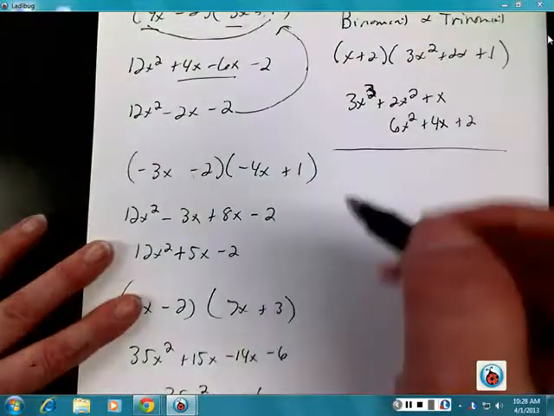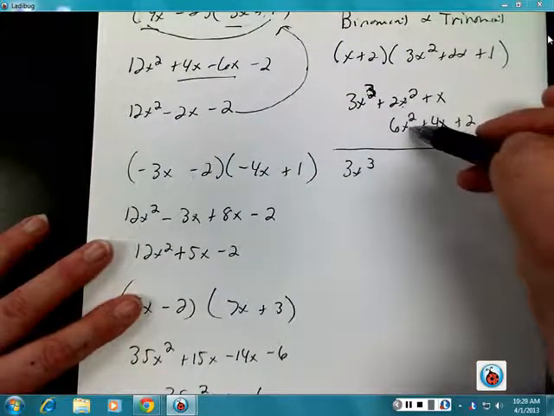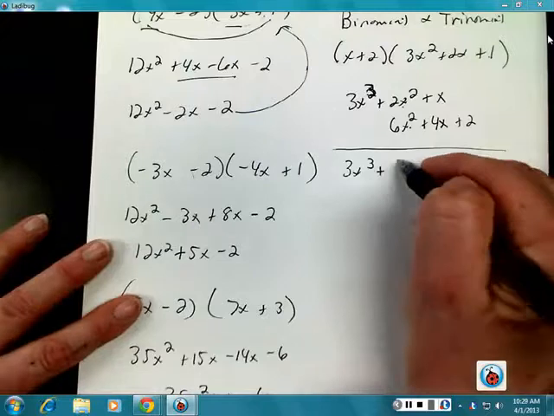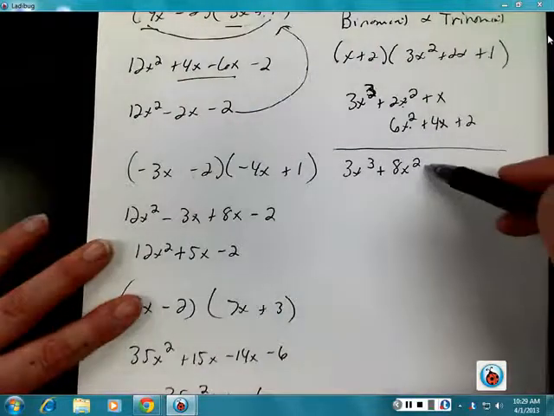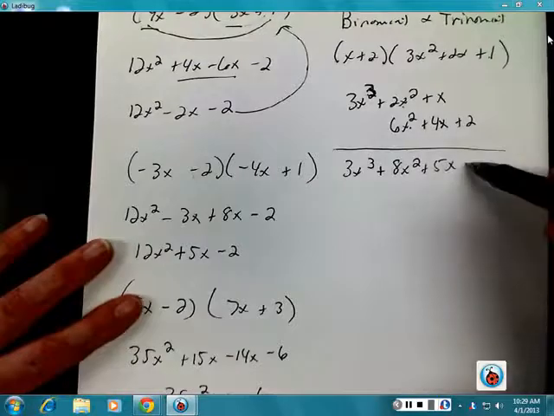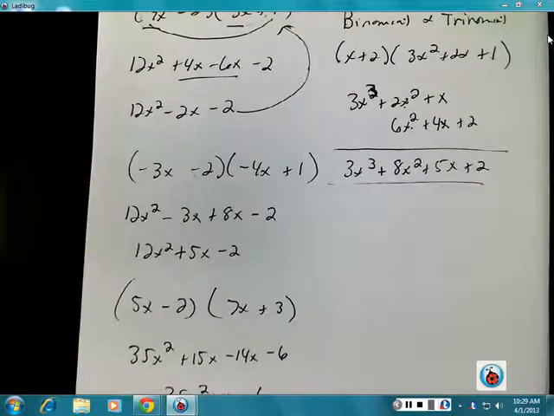So 3x cubed, 2x squared and 6x squared is 8x squared. 1x and 4x is 5x plus 2, and you end up with that for your final answer. Are we okay or not okay?